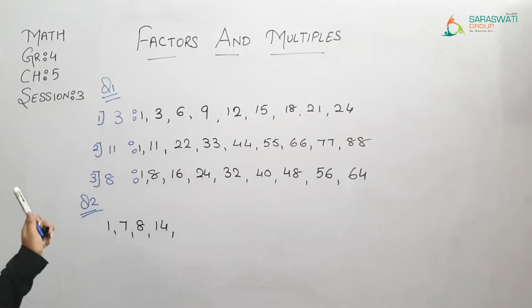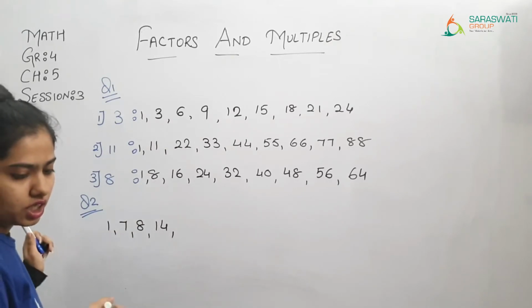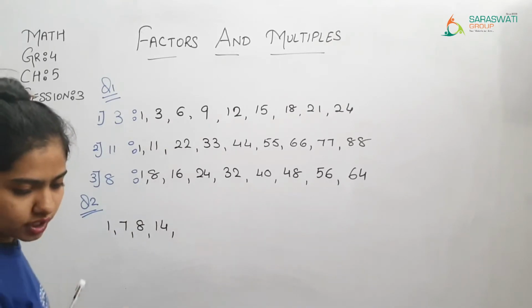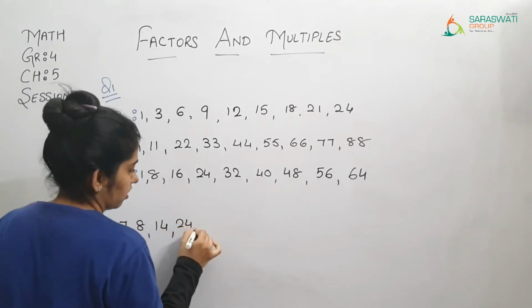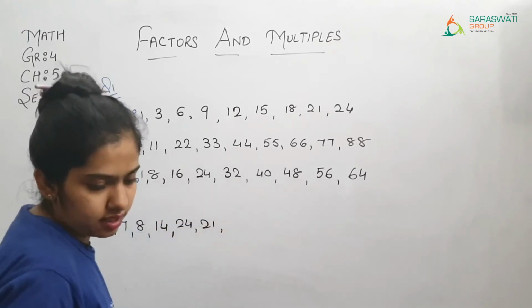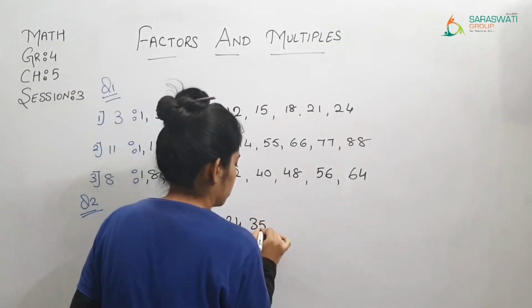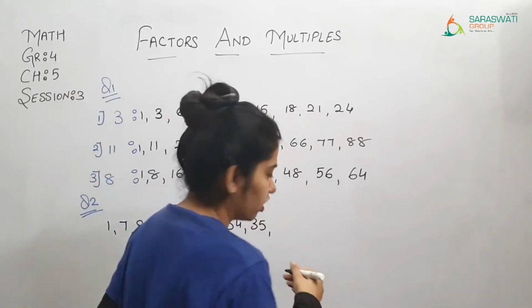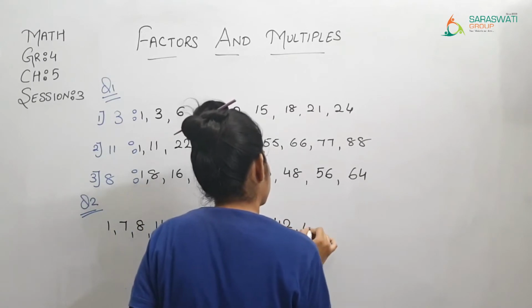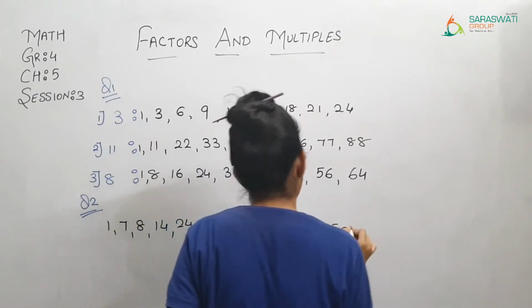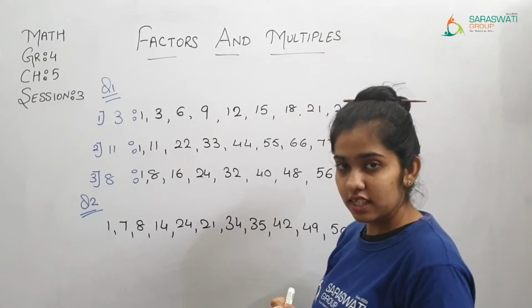Okay, 1 7 8 14 24 21 then 34 35 42 49 and 50. Okay, so these are the numbers.